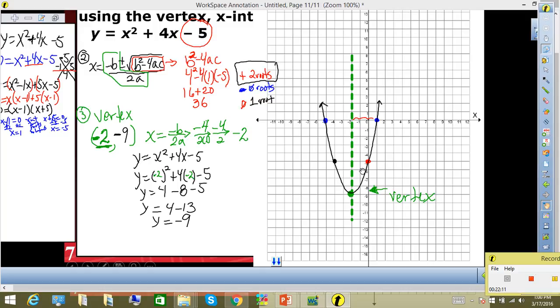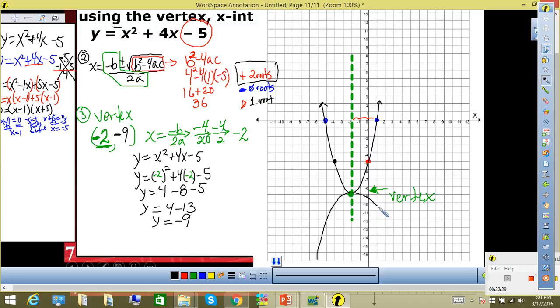The question was, can't we tell if it's a smiley face by the position of the vertex? Not really, because even if we put the vertex here, and let's say this was like this, and I drew a parabola like that, could it still be the vertex? So how can we tell whether it's a smiley face? By the leading coefficient. Remember that?